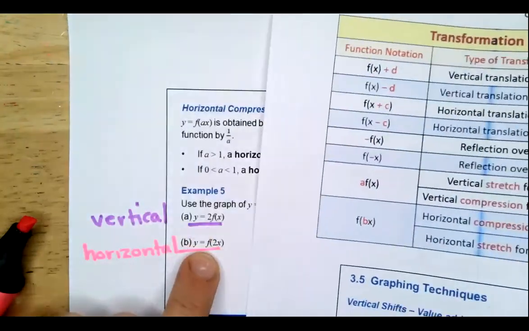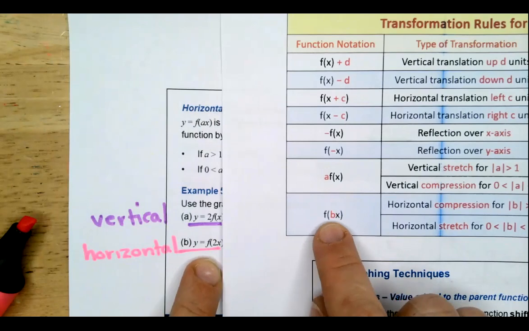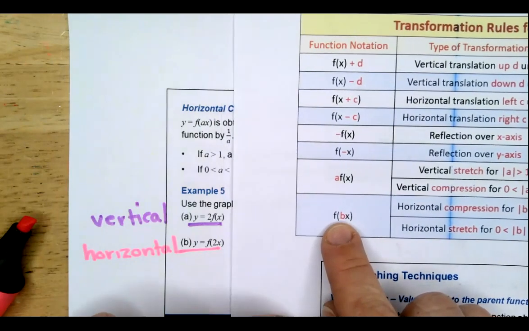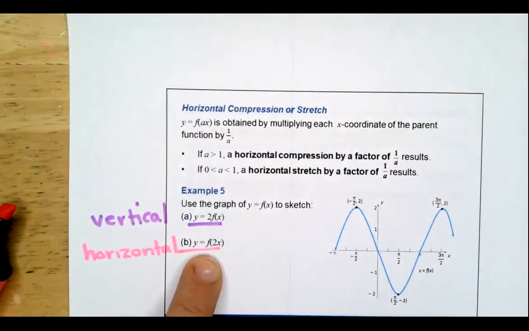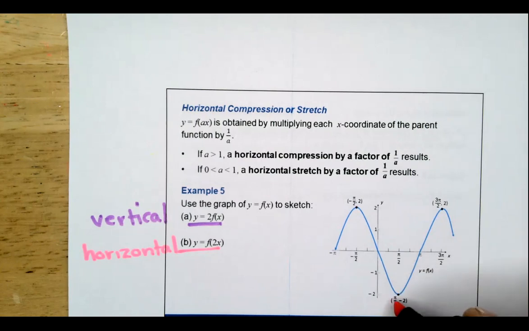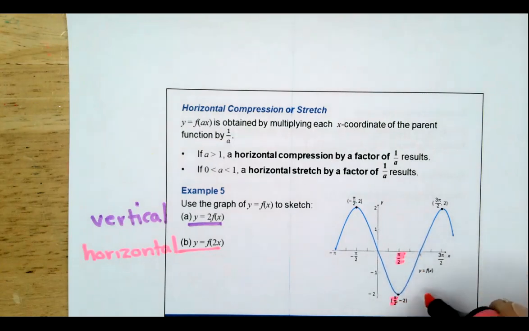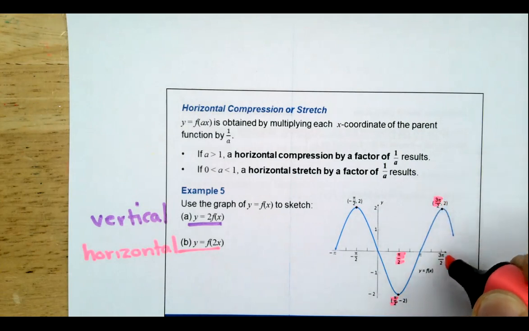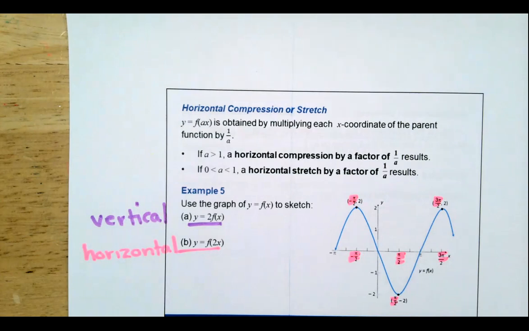We have, let's start with the horizontal, it's what we're focused on. So f of b of x is f of 2 of x. So what we need to do is take x and divide it by 2. So all of our x values now get divided by 2. What are our x values? Pi over 2, right? That's an x value. 3 pi over 2, that's an x value. Negative pi over 2, that's an x value.